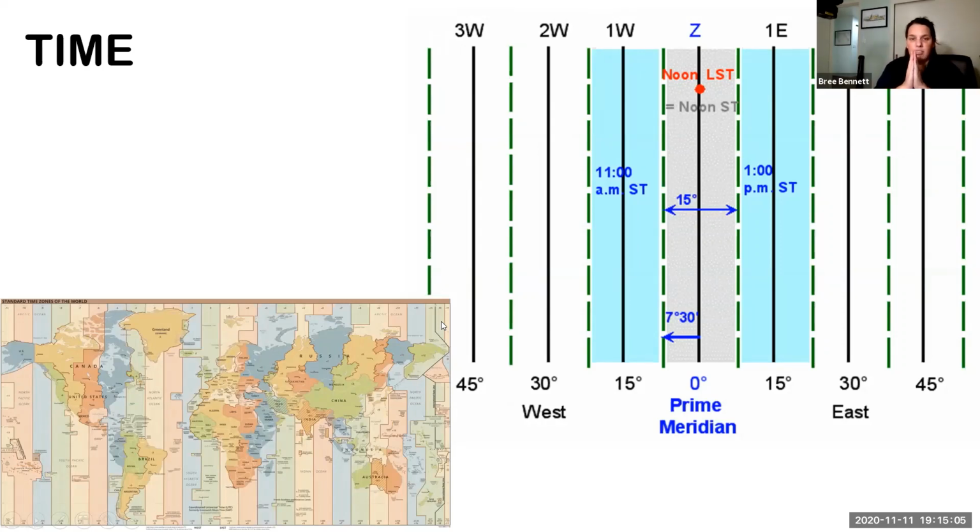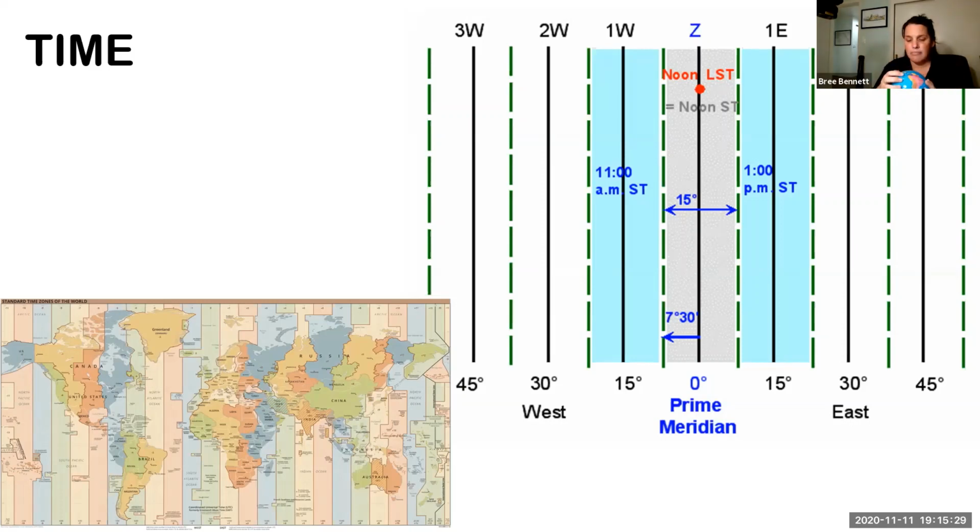Look at the world again. We have 12 time zones on each half of the globe, so 180 degrees divided by 12 time zones gives us 15 degrees per time zone.